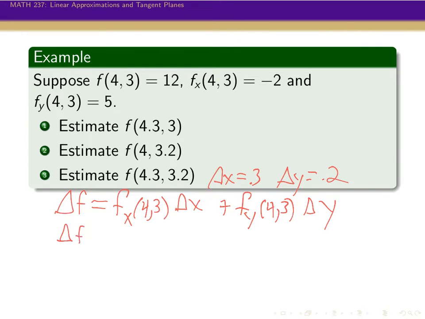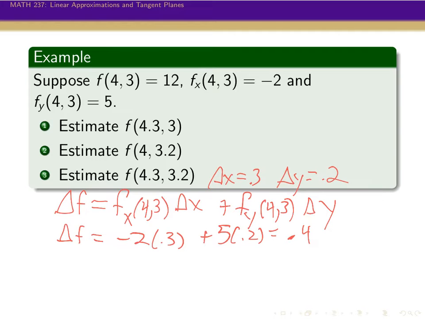And so putting these together, we already did all the work for this. Minus 2 times 0.3 is minus 0.6, and 5 times 0.2 is 1. And so this is 1 minus 0.6, which gives me 0.4.